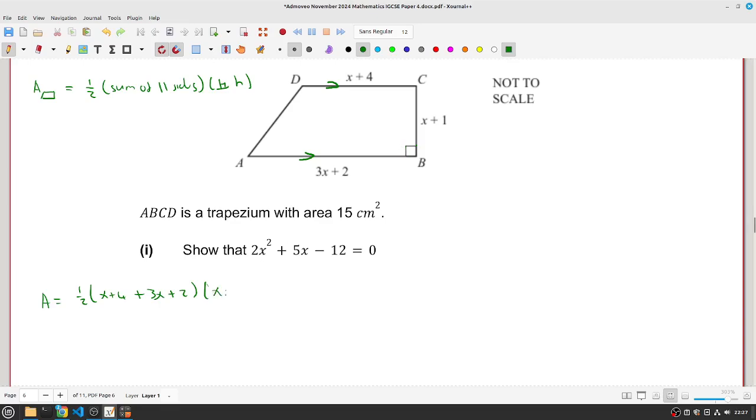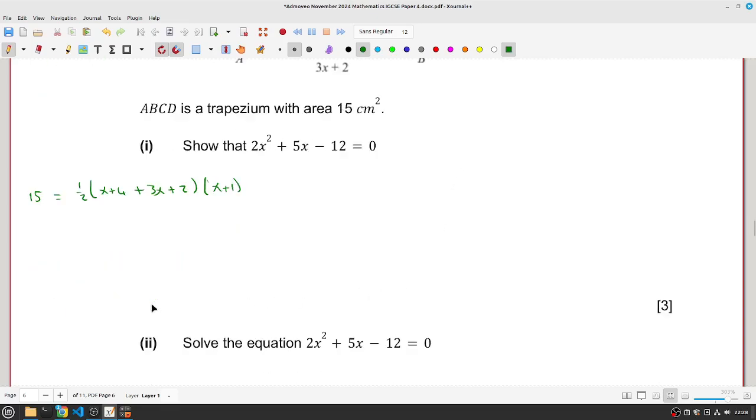So that equals the area, and the area, they told us, is 15. Everything is in centimeters, so we don't have to do any conversions. We can just do this and now simplify. But actually, let's complete this one first and then we'll look at the other method.